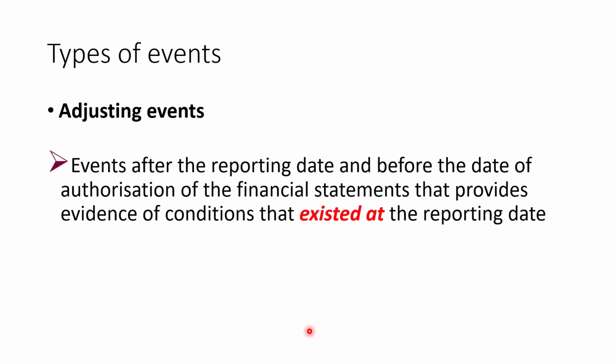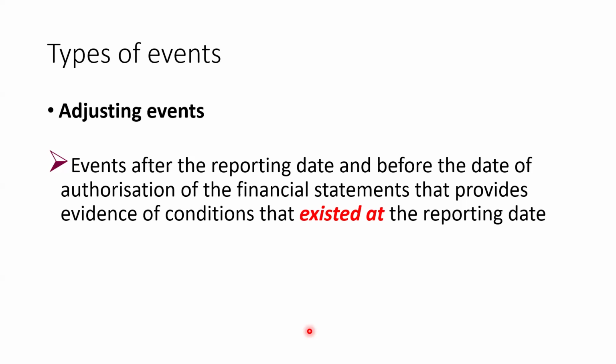What are adjusting events? They are the events after the reporting date and before the date of authorization of the financial statement, which provide evidence of conditions that existed as at the reporting date. Those events did not just arise right after the reporting period.